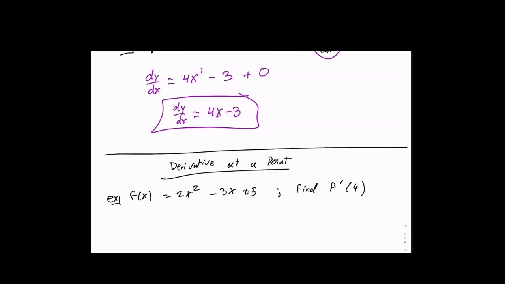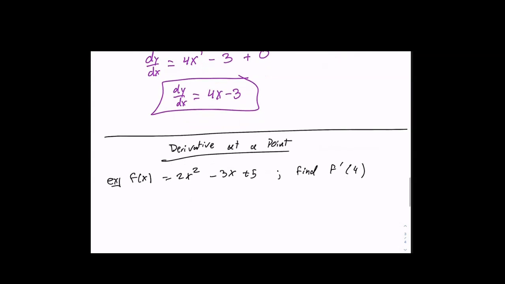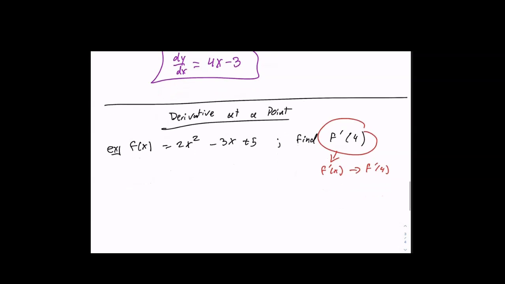We could have used the definition of derivative, and that's what you'll have to do on your test. However, you first need to find f prime of x, and then you can find f prime of 4. First find the derivative function, and then you plug in 4.